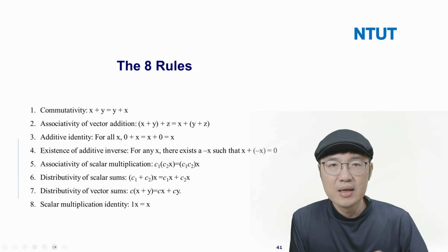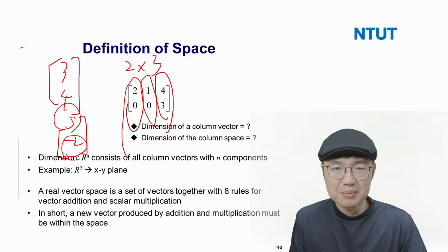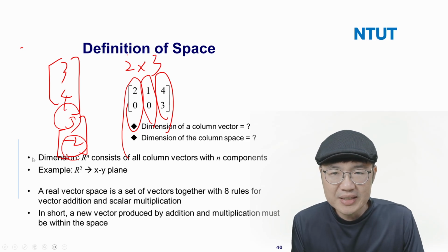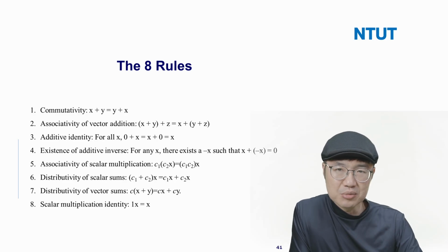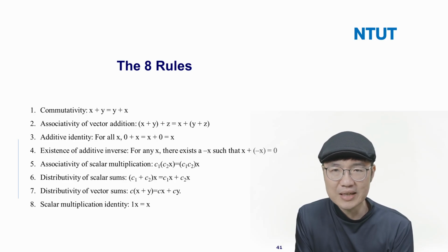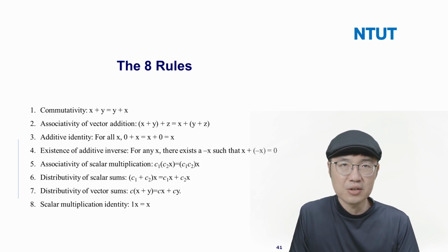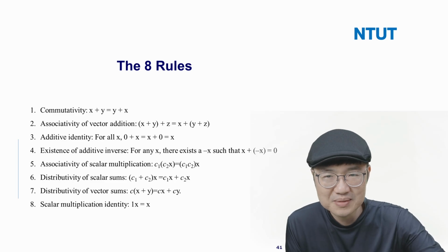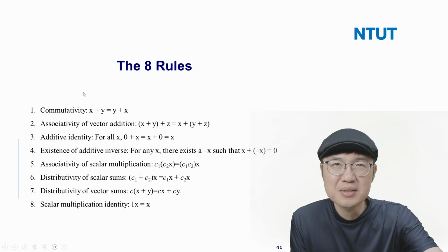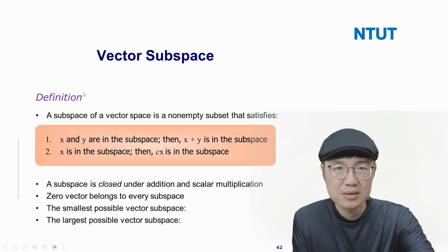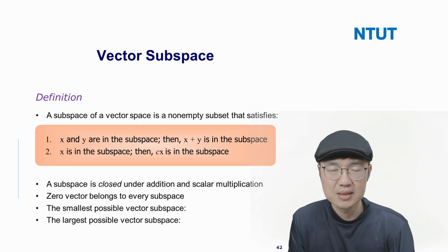Actually, when vectors are sampled from a space, that space must satisfy the eight rules shown in this slide: commutativity, associativity, additive identity, existence of something, blah, blah, blah. But this is not important at all. The eight rules are not emphasized in any kind of scenario because we care more about subspace rather than space.